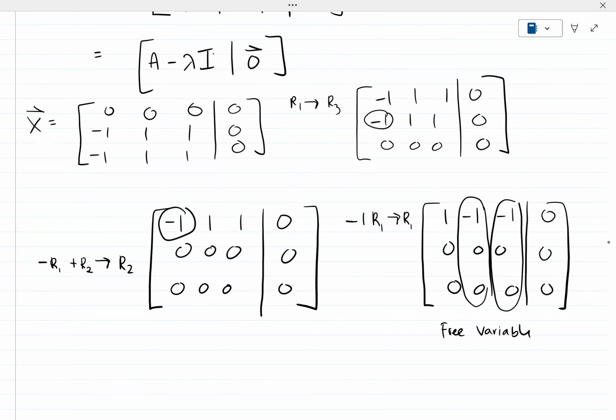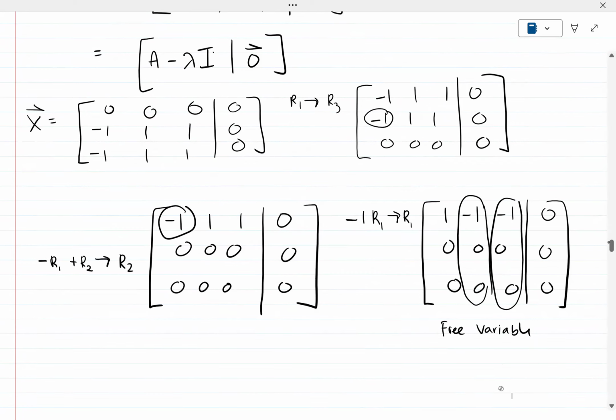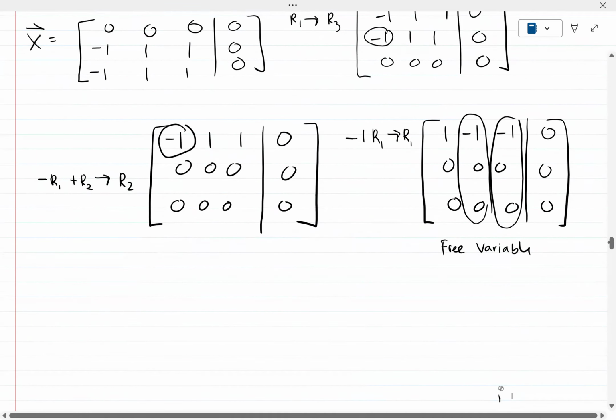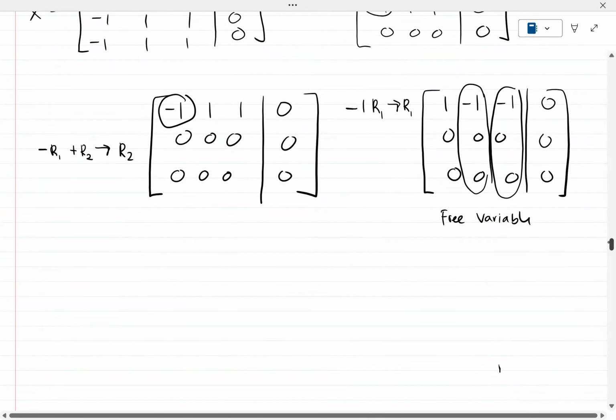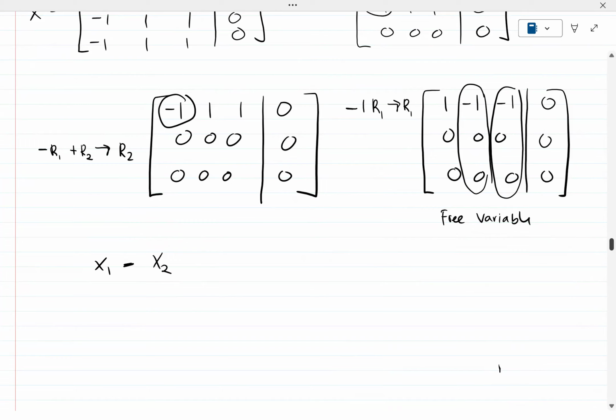So now this is a 3 by 3 matrix, so we're going to do x1 minus x subscript 2 minus x subscript 3, and that equals 0. And then when you solve for x1, you have to add x subscript 2 and x subscript 3.